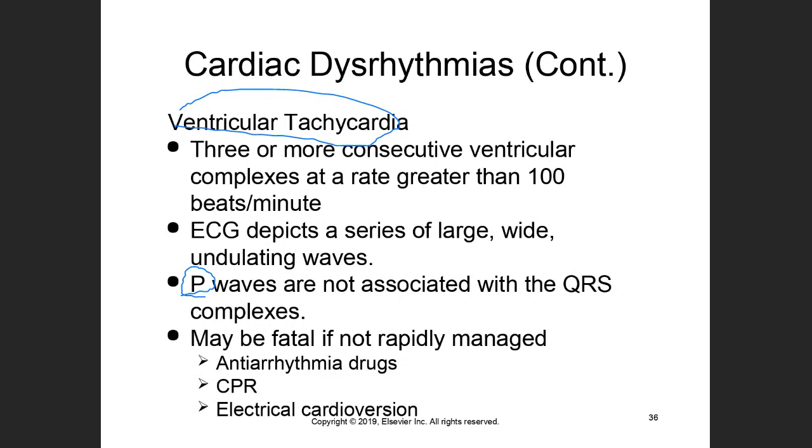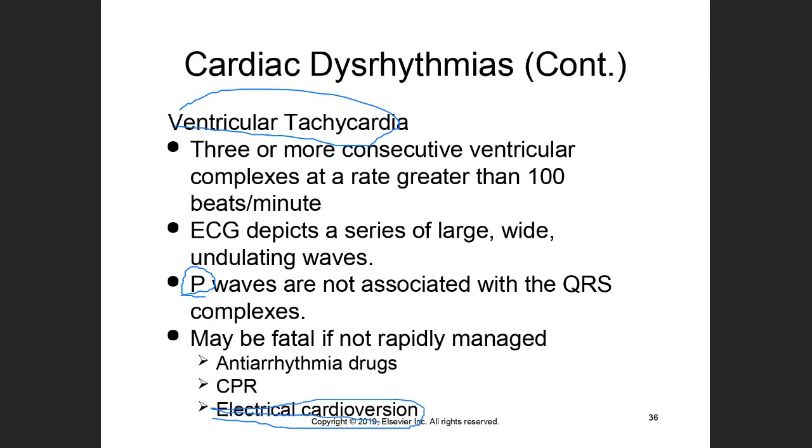Again, treatment for those arrhythmias is divided into two main groups. If you have a fast tachycardia, that means an arrhythmia that is more than 100 beats per minute, then the treatment is always medication or synchronized cardioversion.